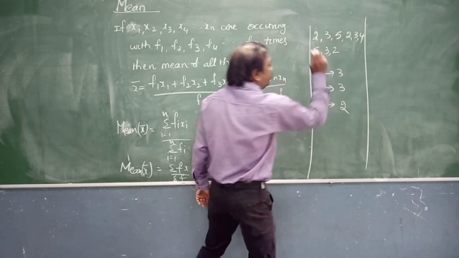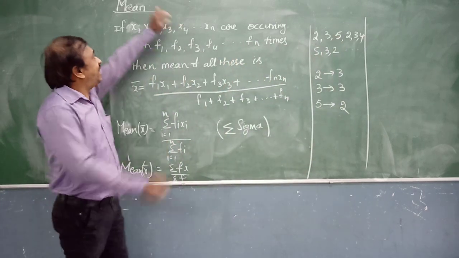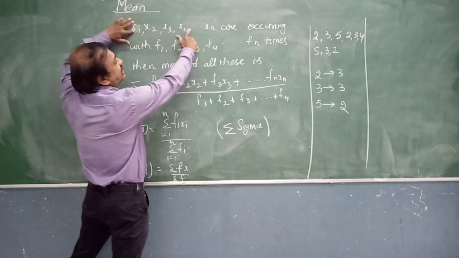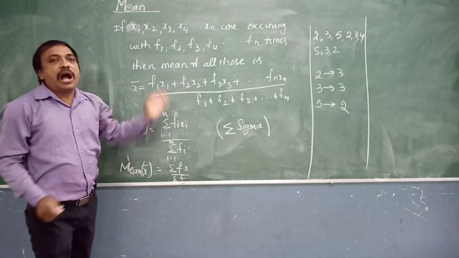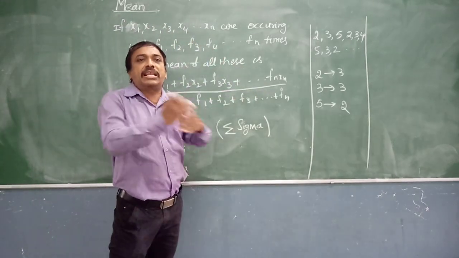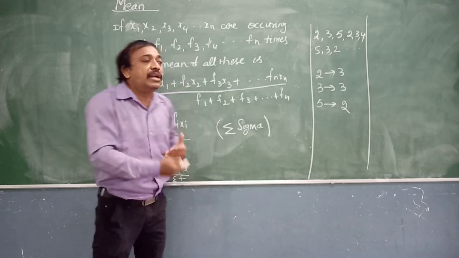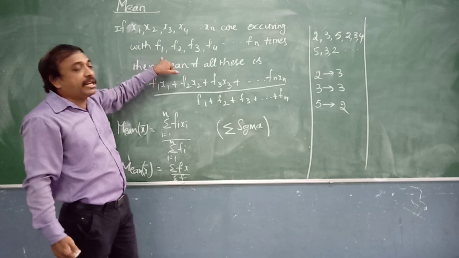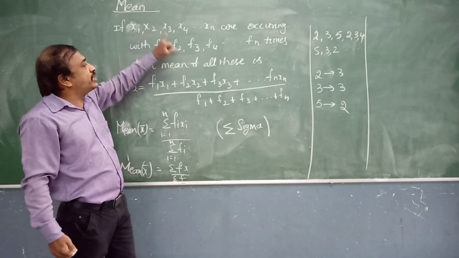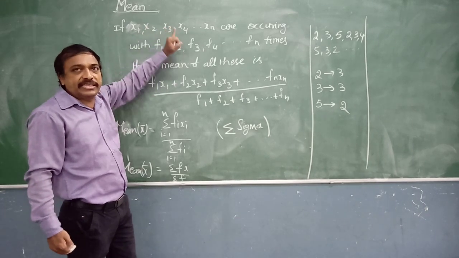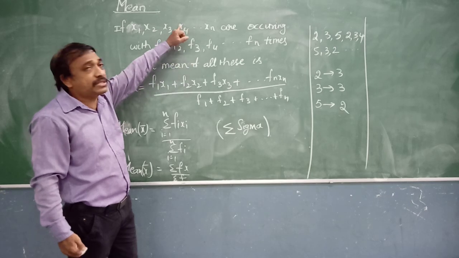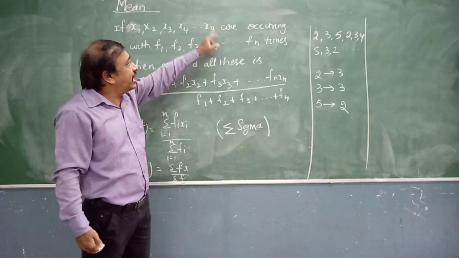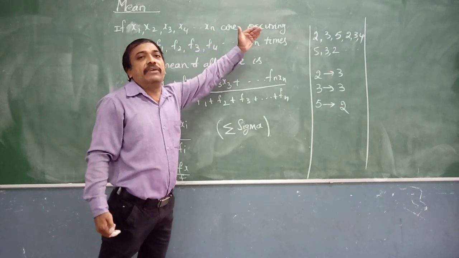Observe it, similarly here x1, x2, x3, x4 are the observations occurring with the frequencies. They are repeating that many times. x1 is repeating f1 times, x2 is repeating f2 times, x3 is repeating f3 times, x4 is repeating f4 times and so on, xn is repeating fn times.